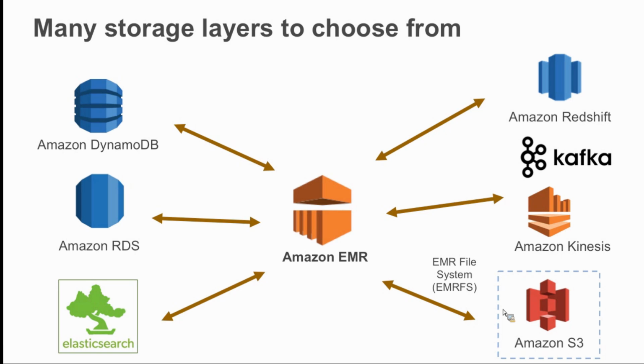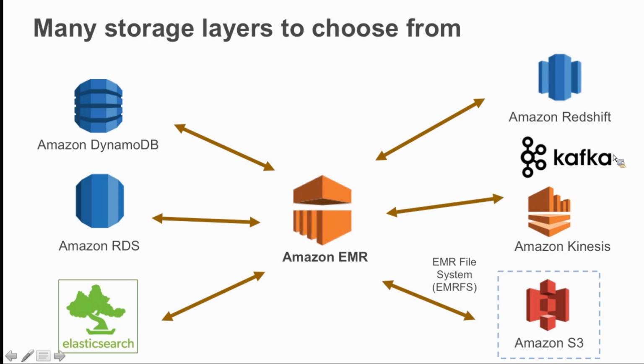And if we go clockwise towards the left, you can also see Elasticsearch can interface with EMR. Amazon RDS, our relational database service, with a variety of relational databases behind it. Amazon DynamoDB, our NoSQL solution. Over to the top right, we have Amazon Redshift, which is our data warehouse technology.